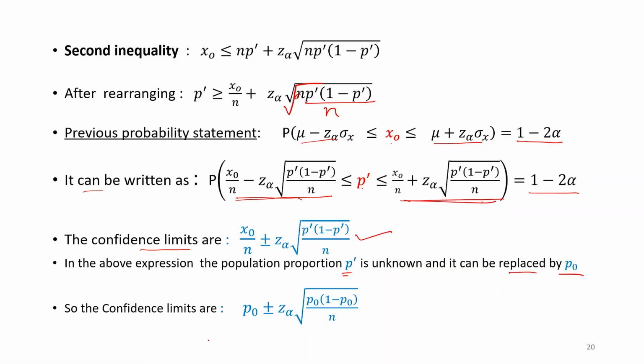Therefore, P dash gets changed by P0, the observed proportion, everything else remains the same, and these two become my limits. In all the cases, the approach for finding the confidence limits is exactly the same.